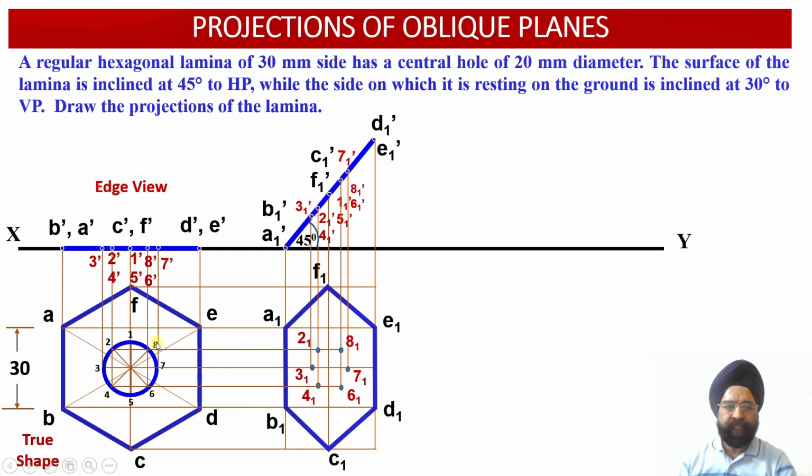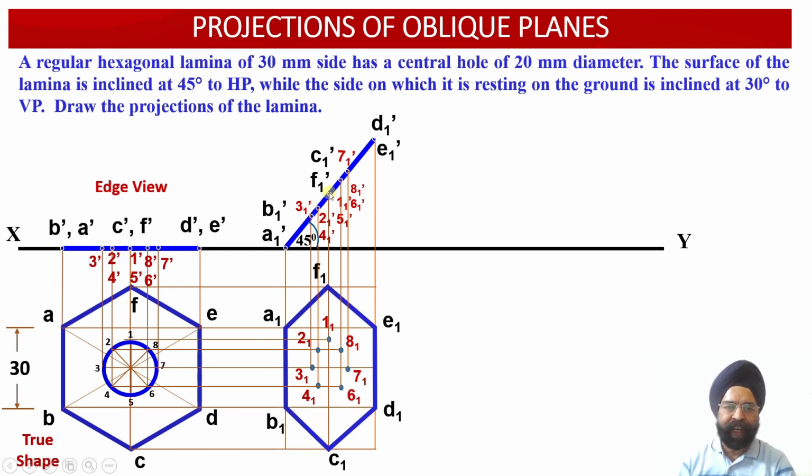Now further, we are required to evaluate the location of the point 1-1 in the plan projection view. From point 1, we have drawn a horizontal projector into the plan projection view, and let us see where it intersects with the vertical projector line drawn through the point 1-1 dash.